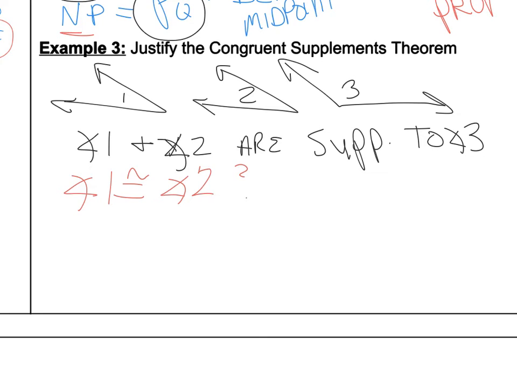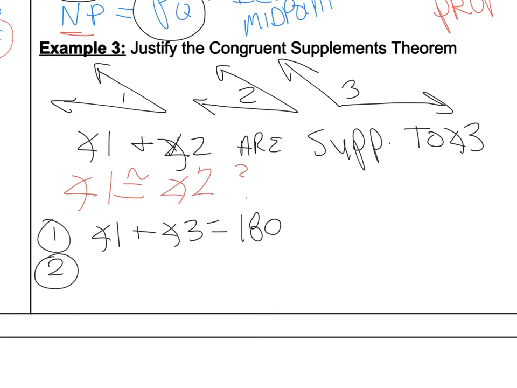Our first step, I'll call this step number 1, is that we know that angle 1 plus angle 3 would equal 180. And again, we know that because we're defining supplementary angles. And then secondly, they told us in the directions here that 1 and 2 are supplementary to 3. So angle 2 plus angle 3 also equals 180 degrees.